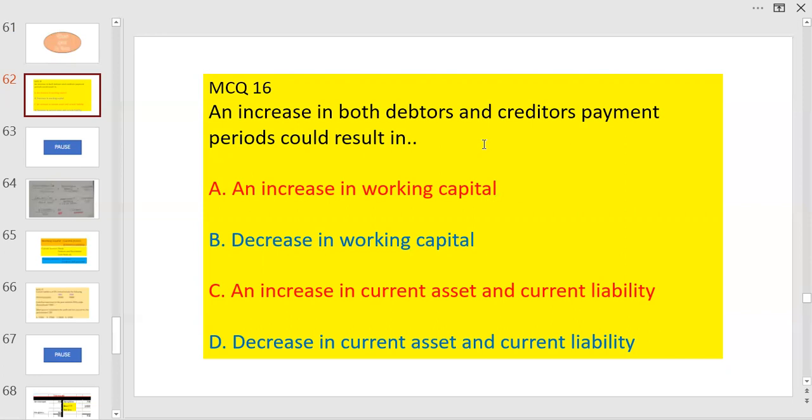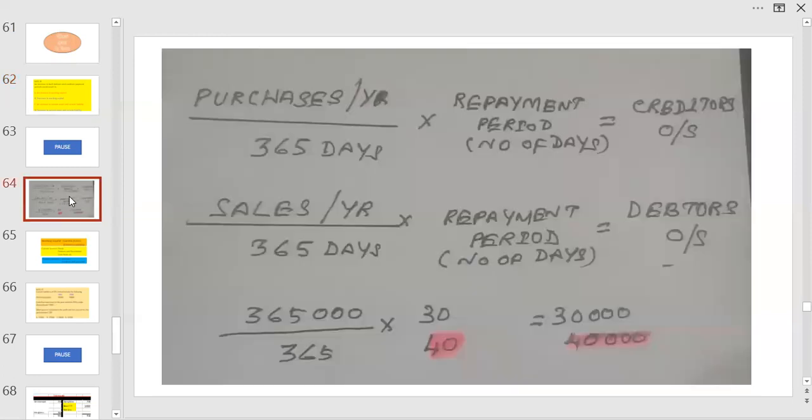Now let us see this before we move into the answer. Let us check this small working. Here it's given purchases for the year divided by 365 days multiplied by repayment period, that is number of days, that will give the creditors outstanding.